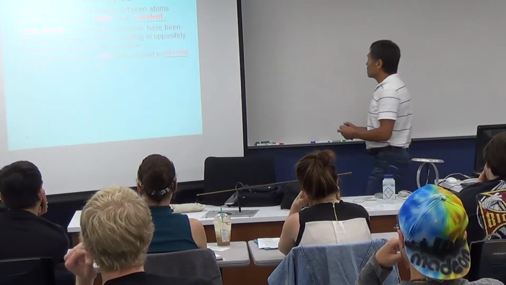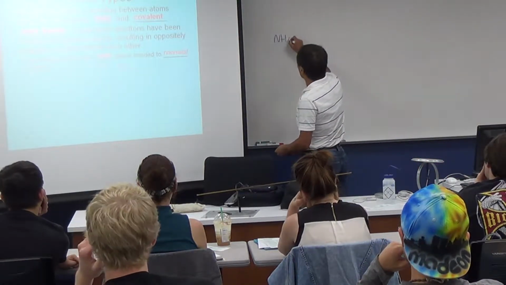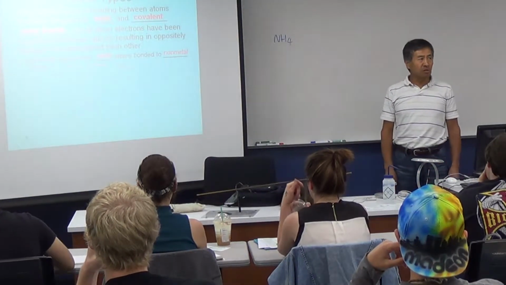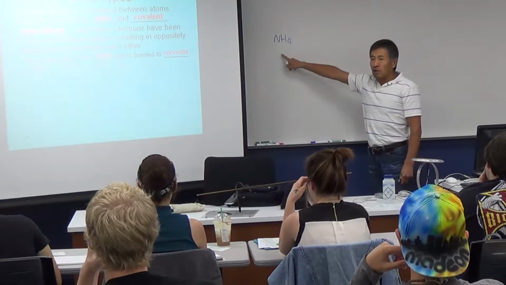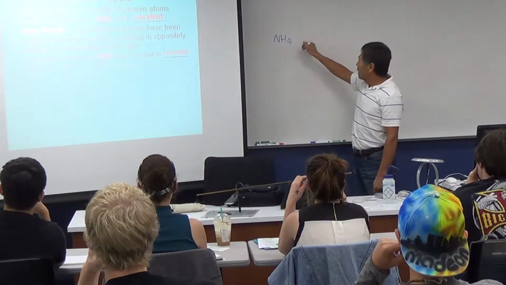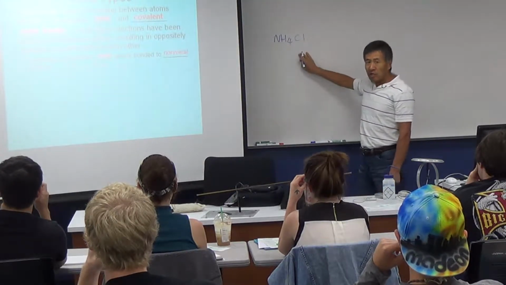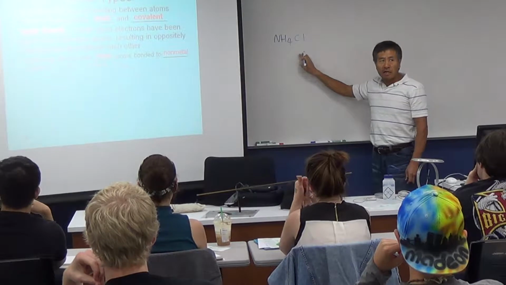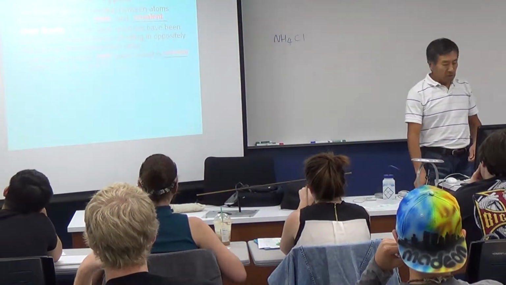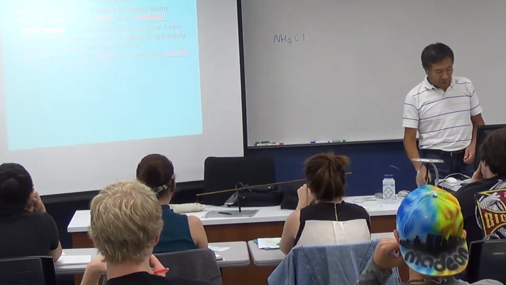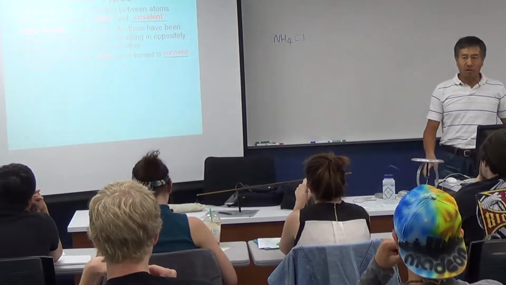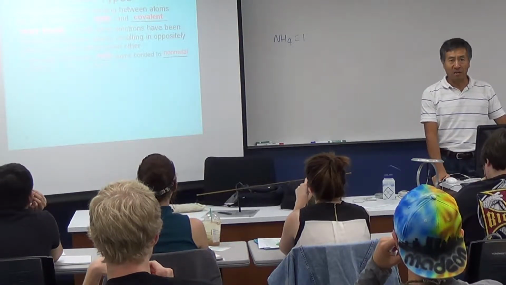So whenever you see this NH4 in your formula or in your name for the compound, even though all those atoms here are non-metals, for example, you can take this NH4 and combine with chlorine, you get ammonium chloride, and that's also an ionic compound, even though we don't have metal in it. And so this is a very, very dramatic exception to this usual pattern, metal plus non-metal produces ionic compound.